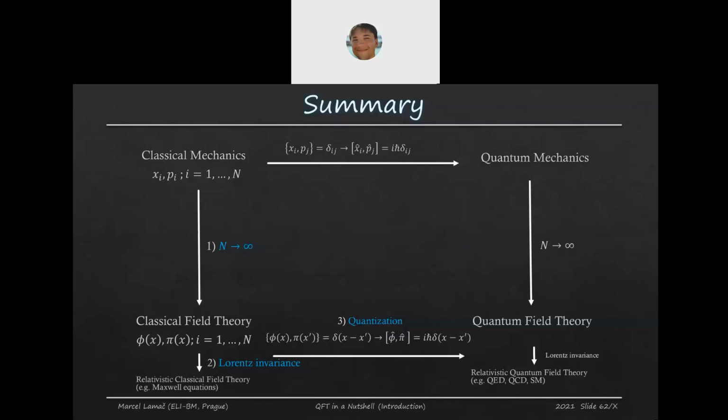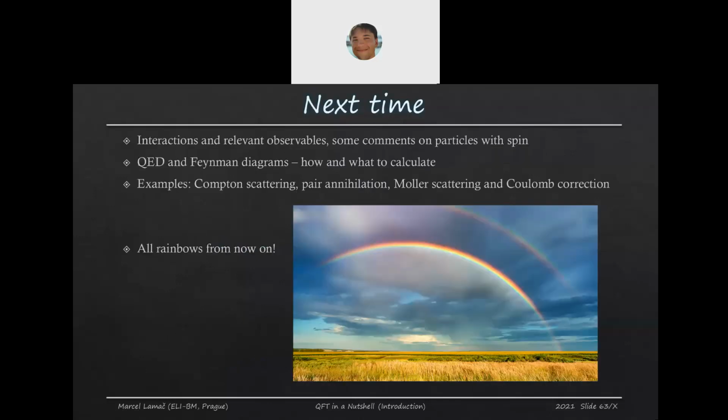So this is the summary, and the next time we will discuss interactions and measurable observables. We will make some comments on particles with spin, and we will dive into QED with Feynman diagrams, what they are, how to calculate them, how they relate to what we said in this lecture, and we will probably do some examples.